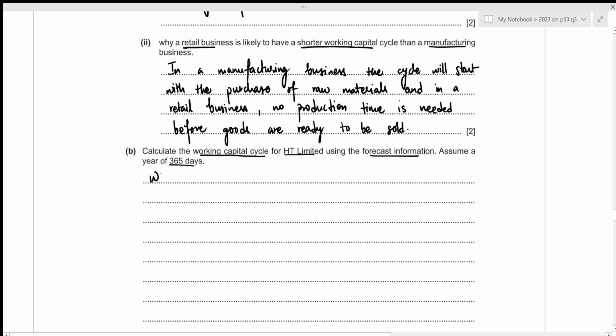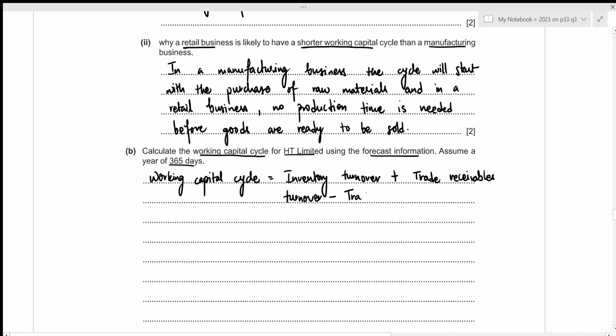So our working capital cycle, the formula for this is just going to be the inventory turnover days plus the trade receivables turnover minus the trade payables turnover. We first need to figure out these 3 turnover days.